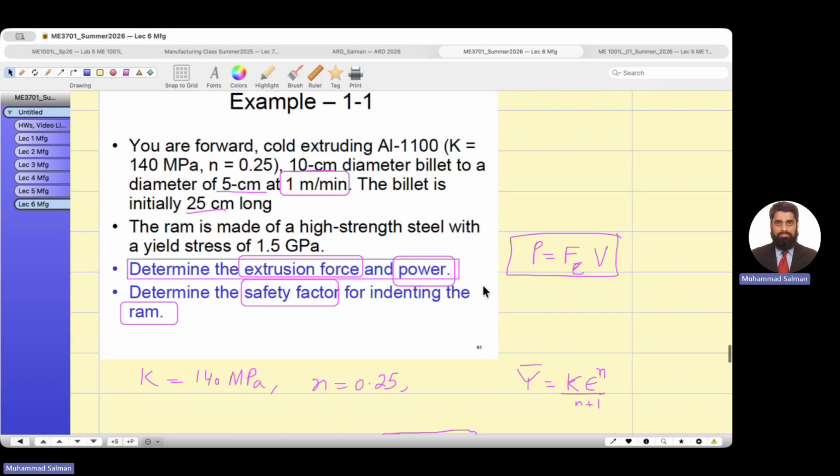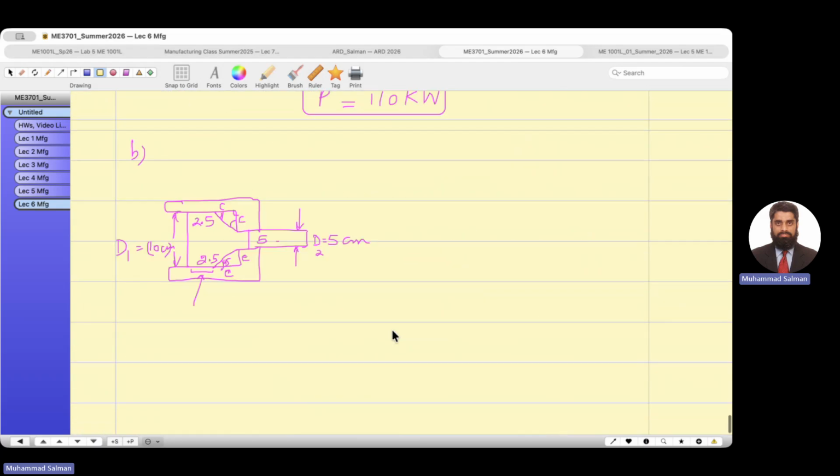The question states, the RAM is made of high strength steel with a yielding stress of 1.5 gigapascal.